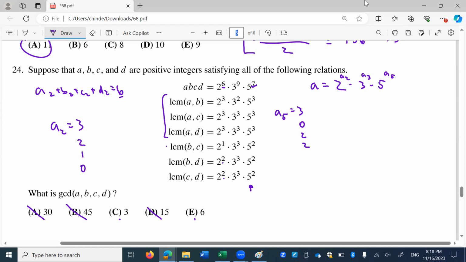So one of them has to be a 0. And therefore, one of the 4 numbers is not an even number, and so the greatest common divisor is also not an even number.